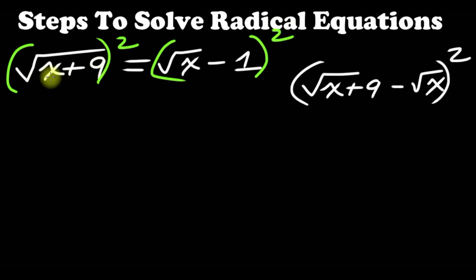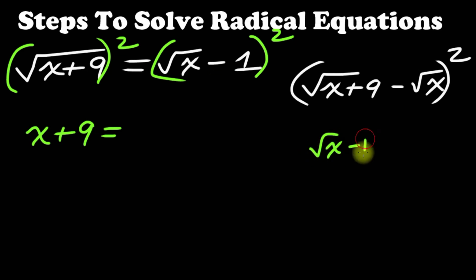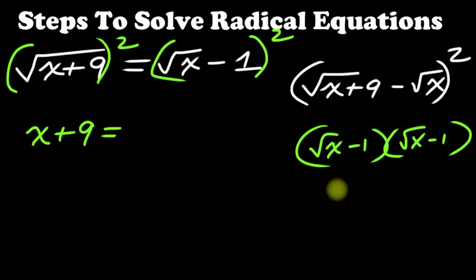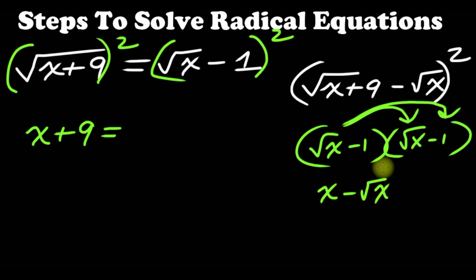Okay, so the square eliminates the square root, so you end up with x plus 9 here. And then here, when you square this, you have to multiply it by itself. I'm going to do it down here. So square root of x minus 1 times square root of x minus 1. So distribute the square root of x. You get x, take away square root of x.